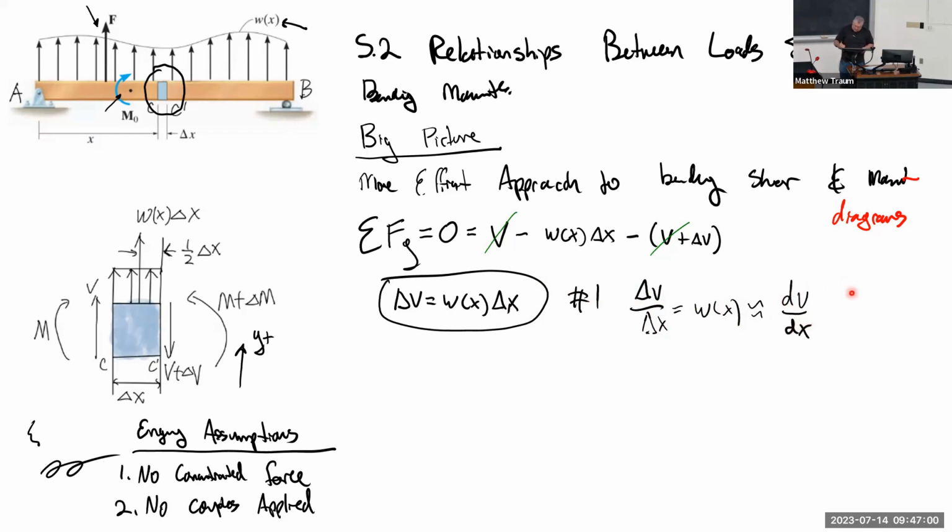And if I then take the limit as delta X goes to 0, I end up with the expression that I want, which is dV/dx is equal to W of X.